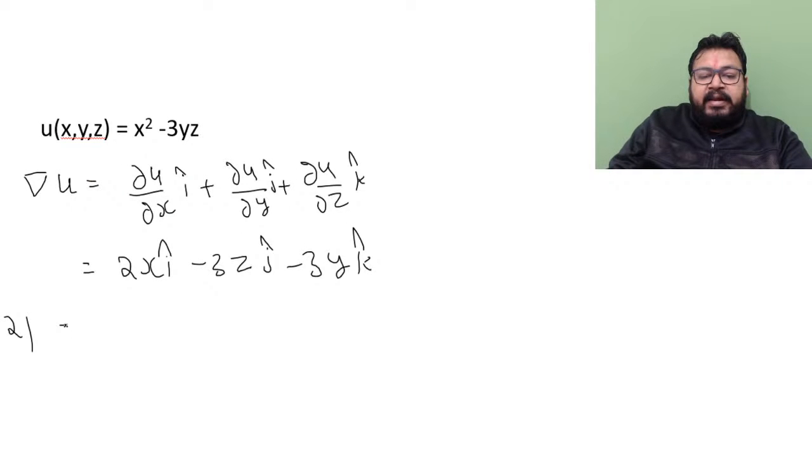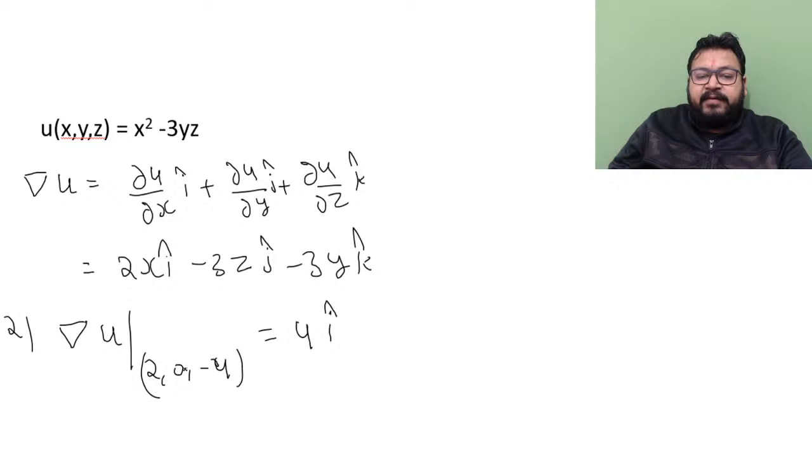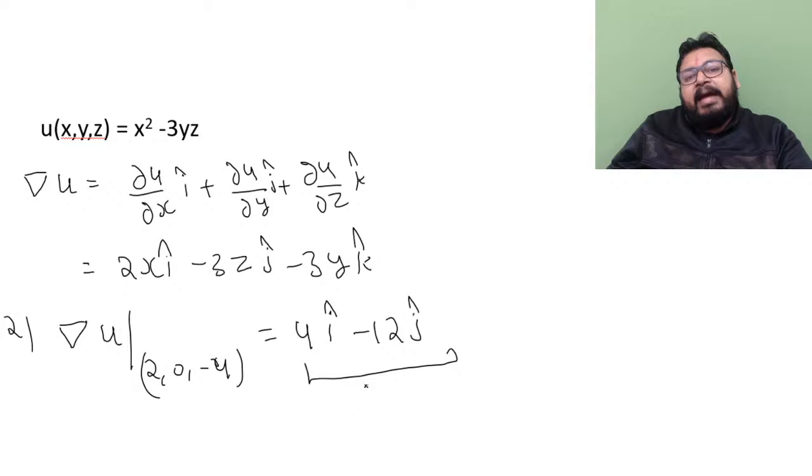So finding out the value of the gradient at 2, 0, minus 4. Okay. So 2 2s are 4. 0 is of y. What is of z? Minus 4. Minus 4 into 3, minus 12. Minus, y is 0. So there will be no k cap. So this is the gradient, particular gradient at the given point.